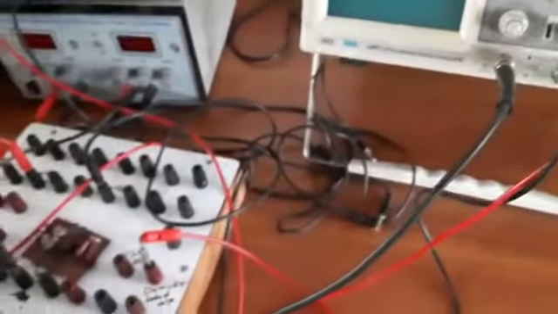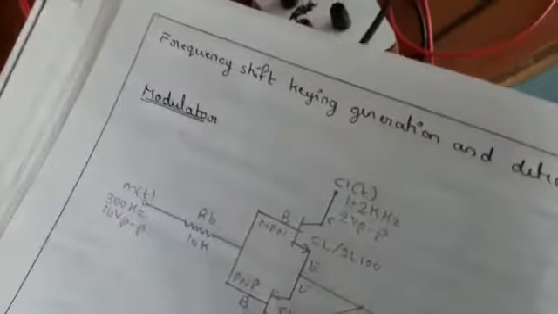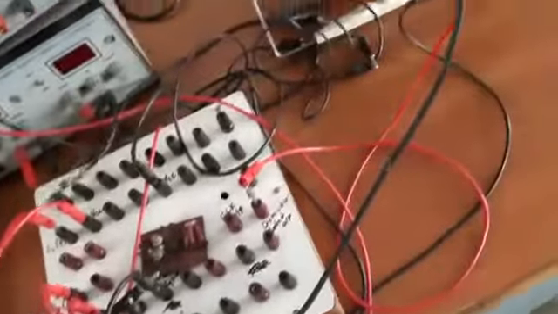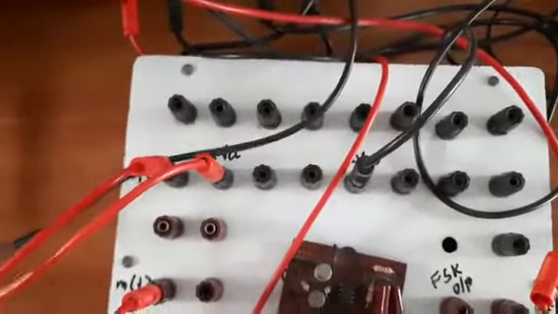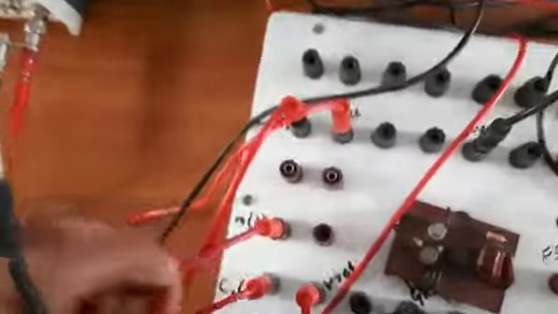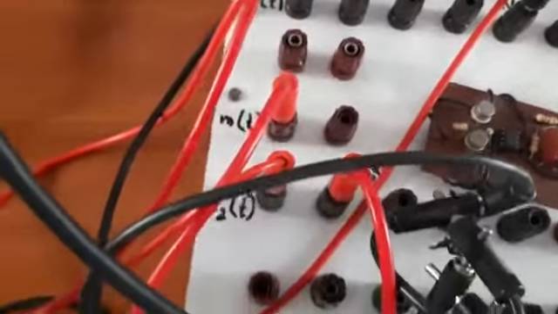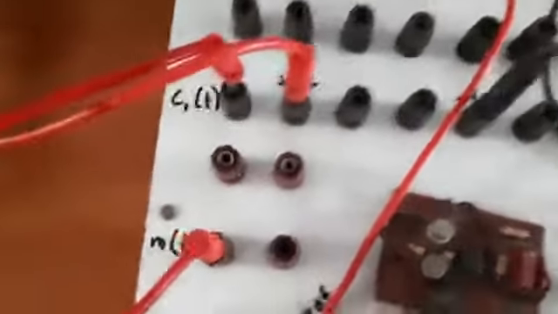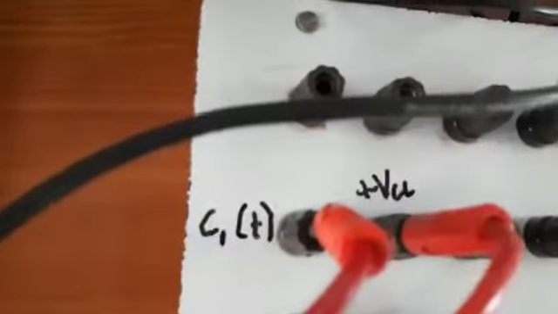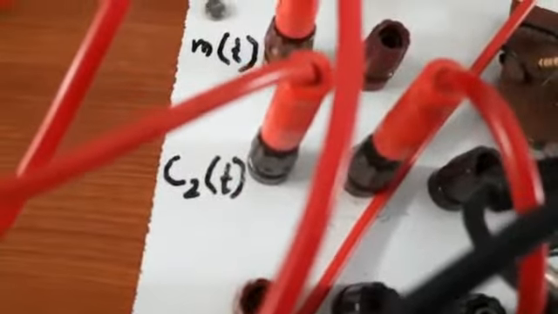Then you give the respective m(t), then C1(t), which is your high frequency, and here C2(t).